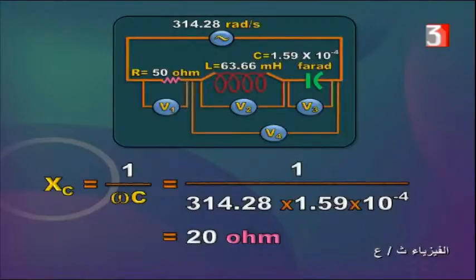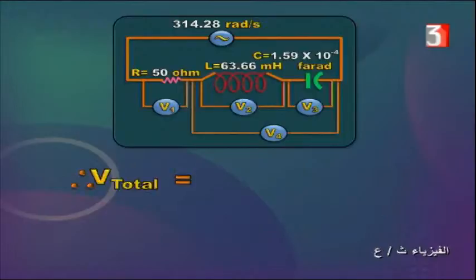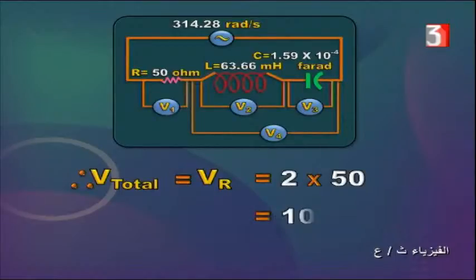In that state, V total equals VR. So V total equals VR, and it is equal to IR. I given in the problem in the very beginning is equal to 2, resistance 50, so it is 100 volt. V total is equal to VR.